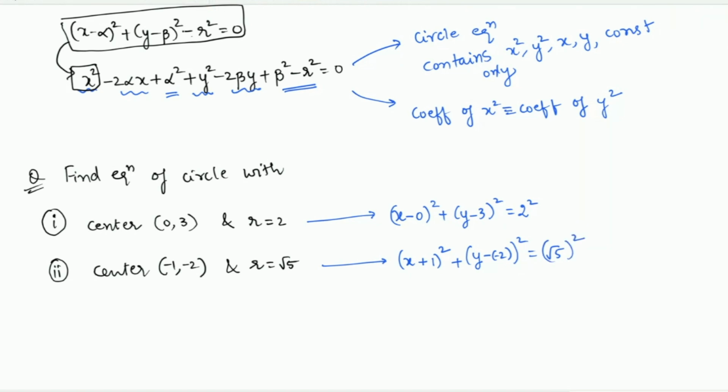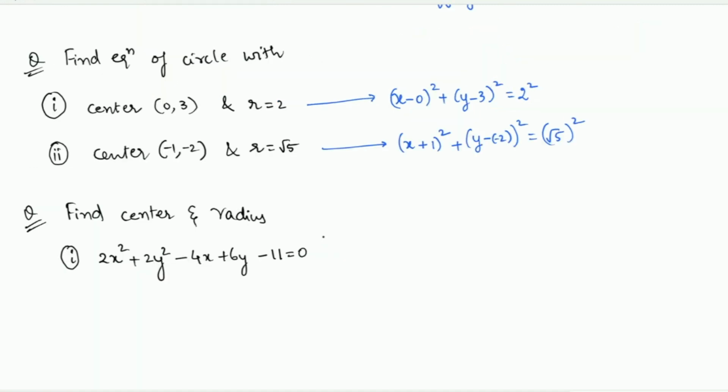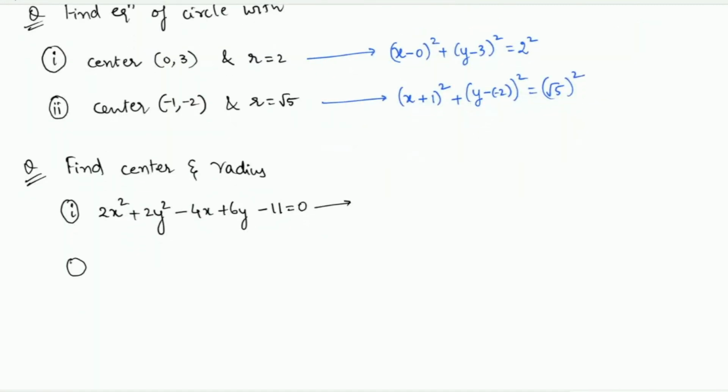All right. So next, one more question. Find the center and radius for this one. Another question: x square plus y square minus 4x plus 8y minus 12 is equal to 0. Suppose I want to find the center and radius.